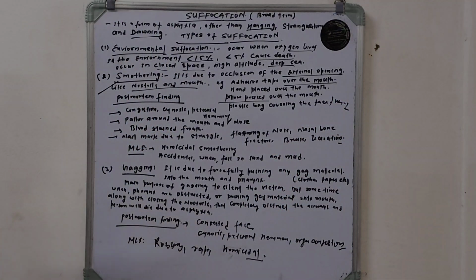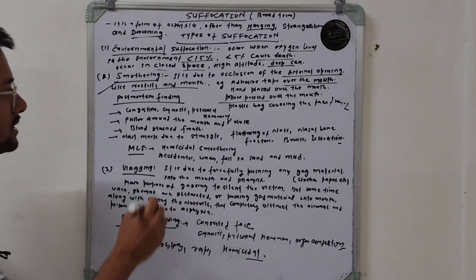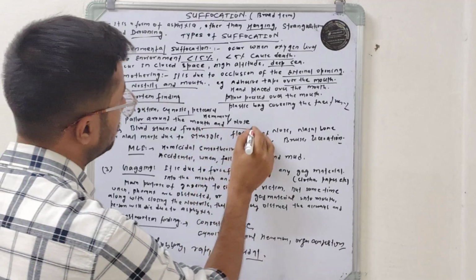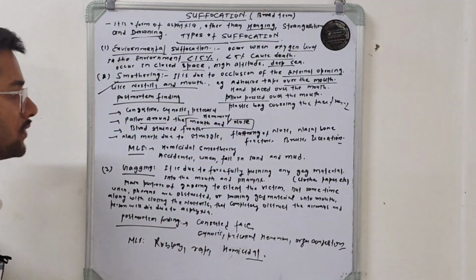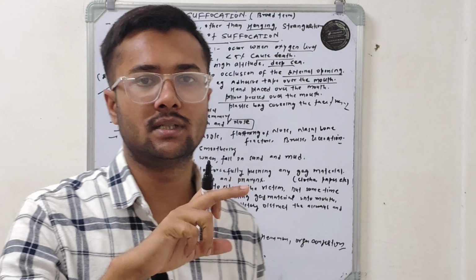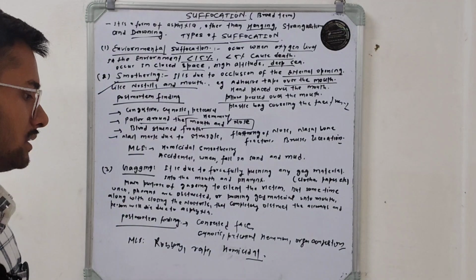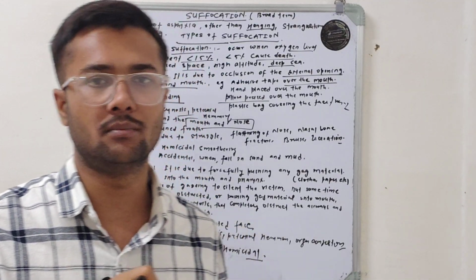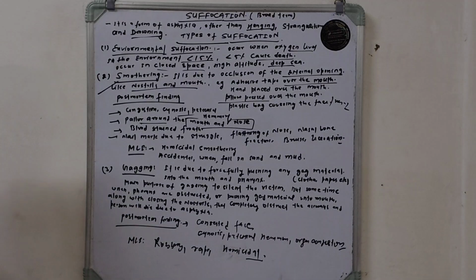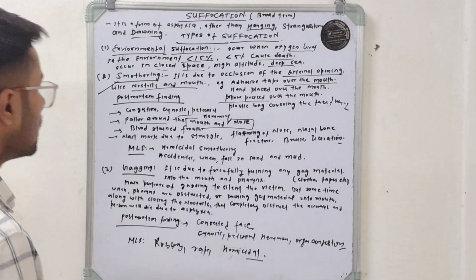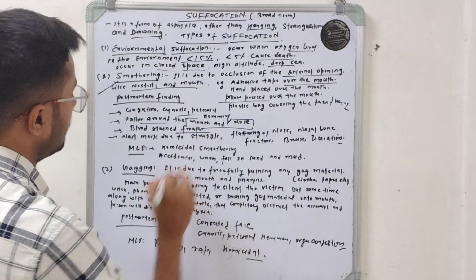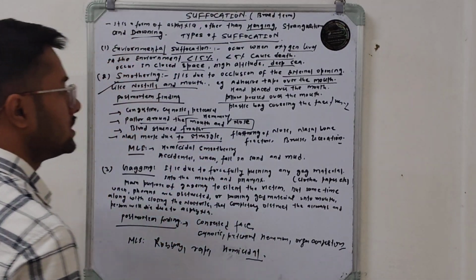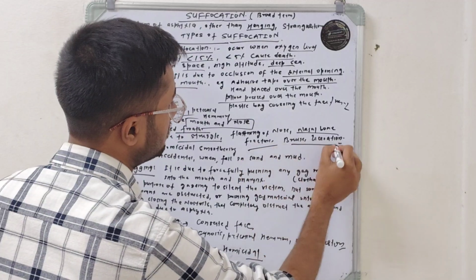The post-mortem findings in case of smothering are congestion, cyanosis, and petechial hemorrhage. Pallor around the mouth and nose is one important finding. There is paleness around the mouth and nose. So if during the post-mortem examination you observe paleness around the mouth and nose, we can suspect smothering. Other findings are blood-stained froth, nail marks due to the struggle, flattening of the nose, nasal bone fracture, bruises, and lacerations.